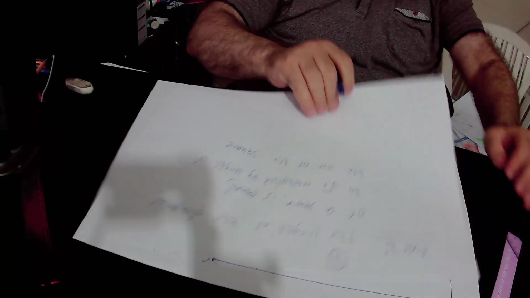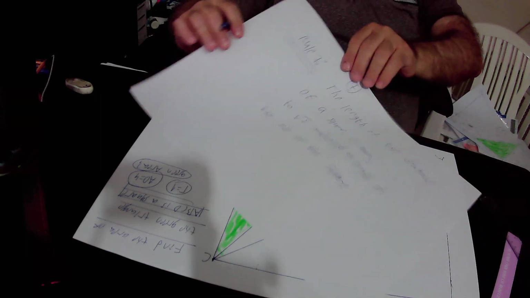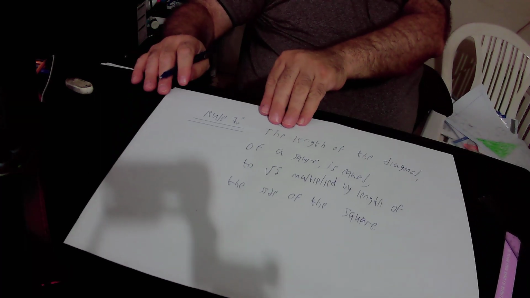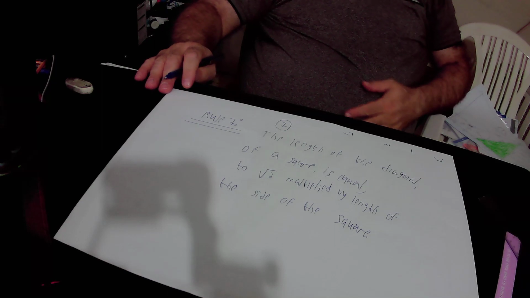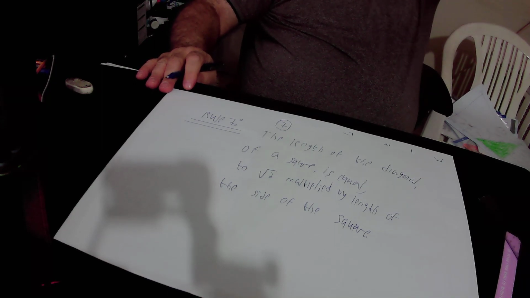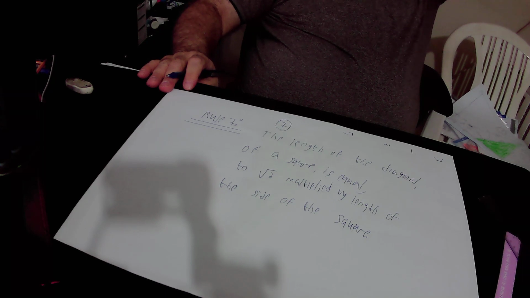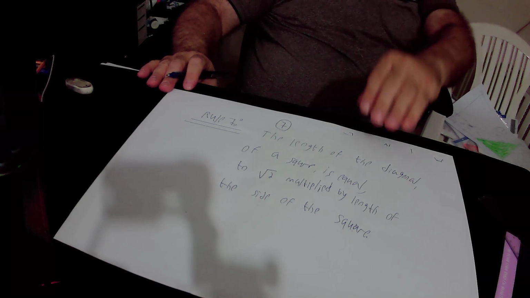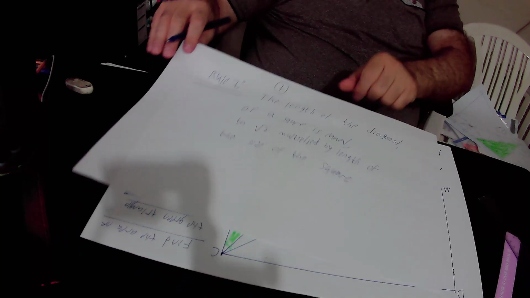So I will read rule number 7 again. According to rule number 7, the length of the diagonal of a square is equal to square root of 2 multiplied by the length of the side of the square. So what is the meaning of rule number 7?